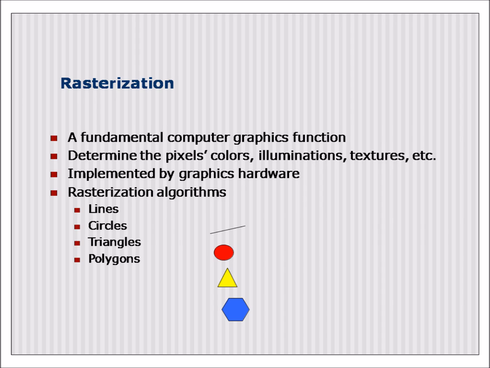In the later part of this lecture, we will discuss two famous line drawing algorithms in connection with rasterization, that are the digital differential analyzer line drawing algorithm and Bresenham's line drawing algorithm.